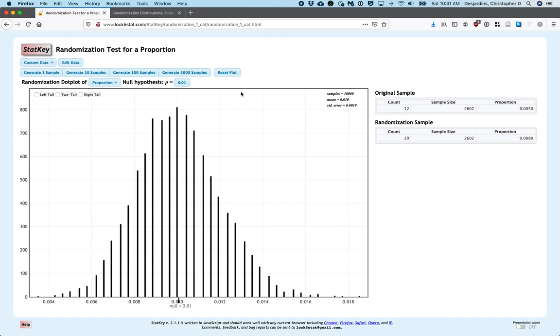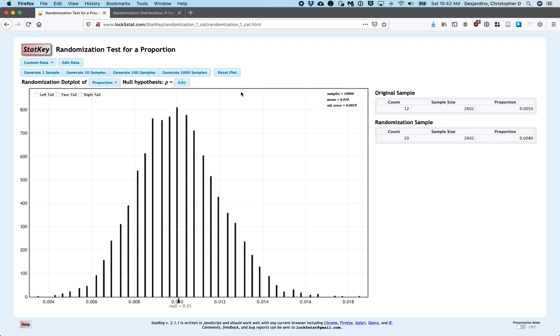To find the p-value in StatKey, we need to know two things. First, we need to know the sample proportion, which is 0.0046. Second, we need to know the alternative hypothesis. Recall that the alternative hypothesis stated that the proportion of all patients who had a colon polyp removed during a colonoscopy that died of colon cancer is less than 0.01. Because we're using the less than sign, we're interested in values less than our sample statistic, and thus are doing what we will call a left tail test.